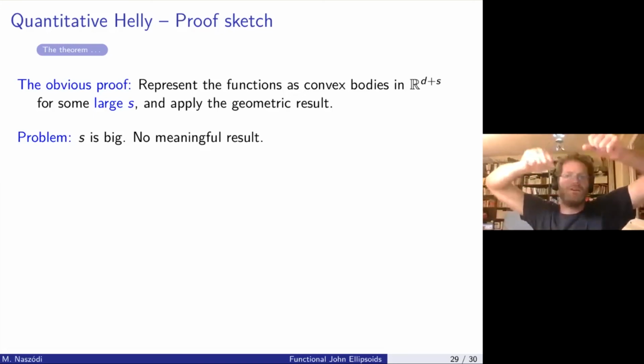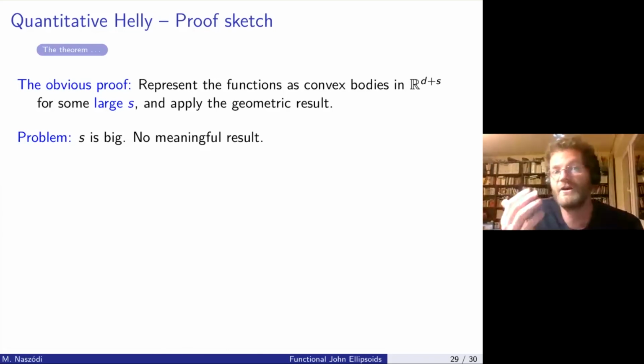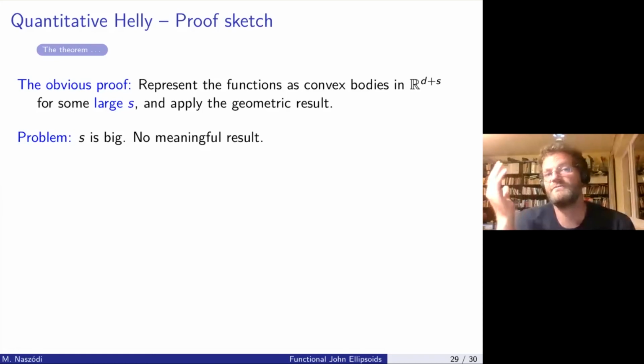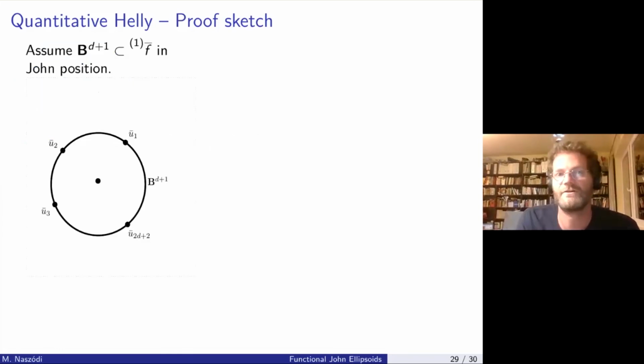And then up here, we can just apply the d+s dimensional result. But the problem is that s may need to be very large, and the d+s dimensional result is a bad result for R^d. Well, to begin with, the Helly number is not 2d. The Helly number is 2(d+s). That's bad. So you have to do something smarter.